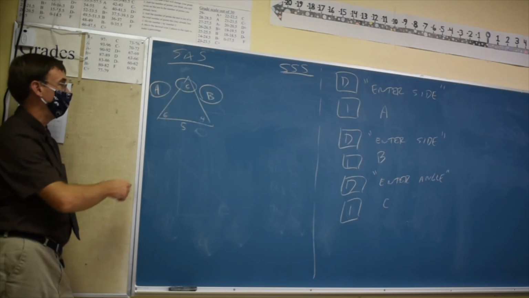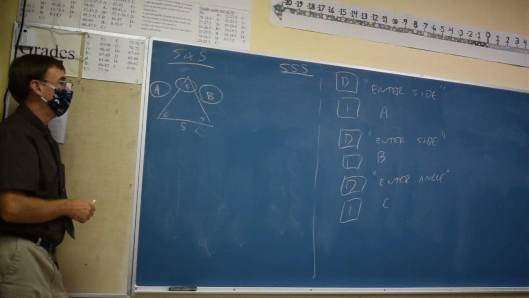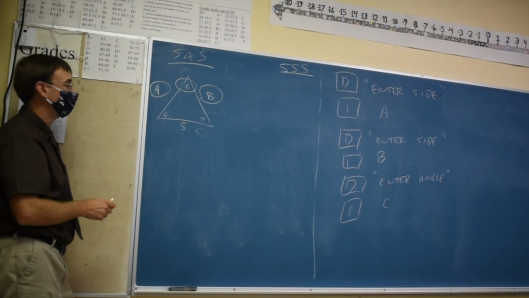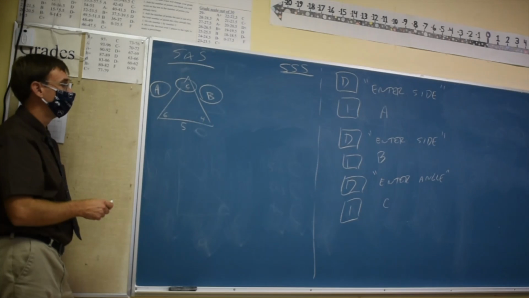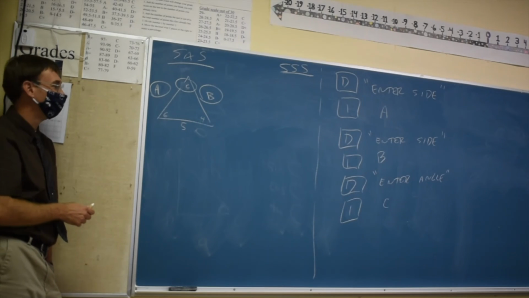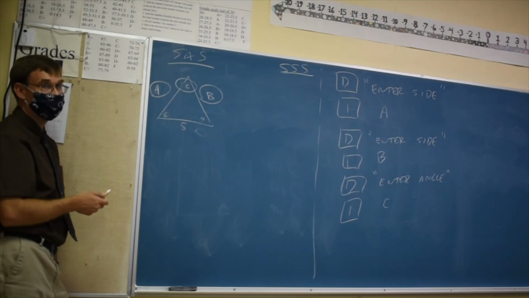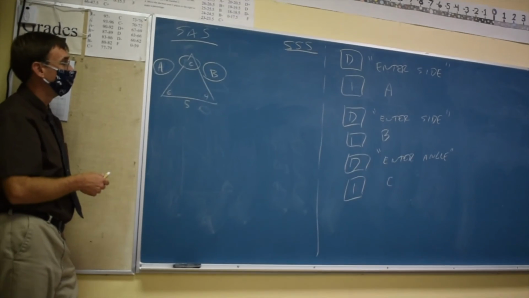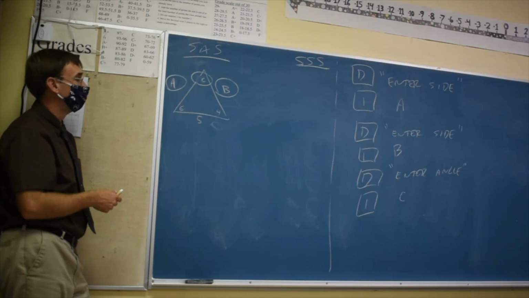So in our scratch work zone, how's it going to start? A squared equals B squared plus C squared minus 2AB cosine.